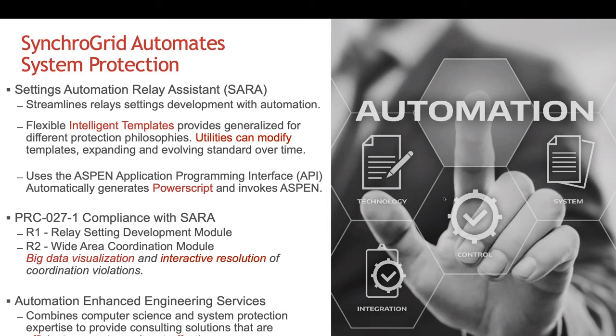The nice feature about it is it's an open-ended language of different types of information you might want to get from ASPEN: line impedances, shortest remote line calculations, as well as different fault study regimens. You can create these templates and expand and evolve them without us having to be involved as time goes on.